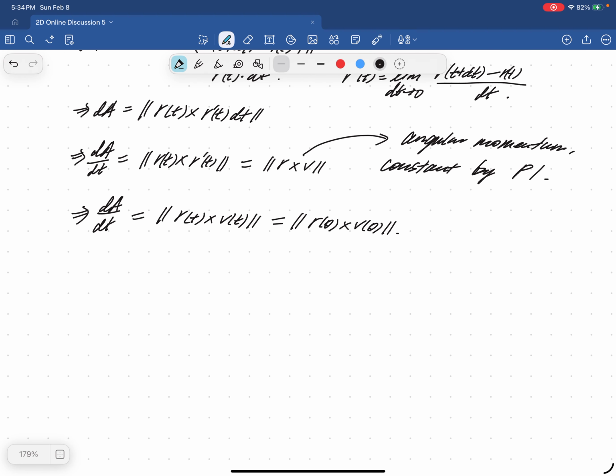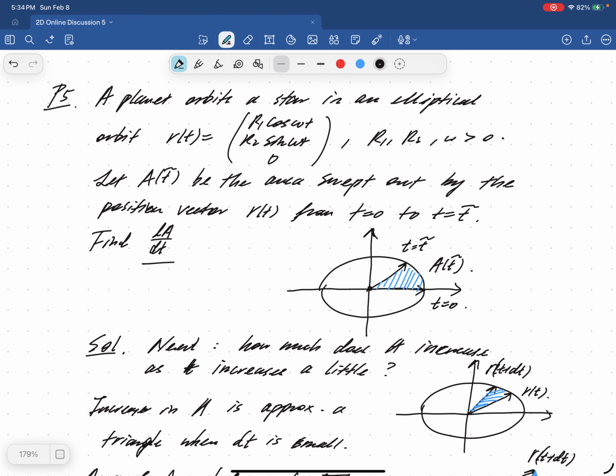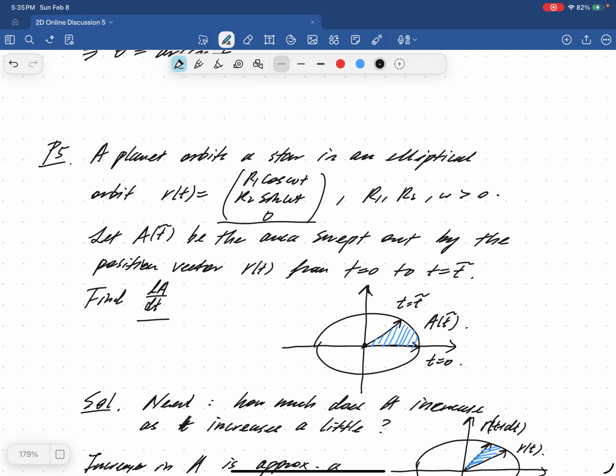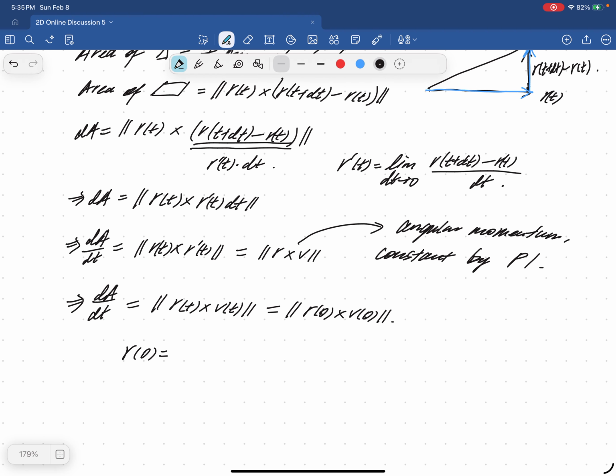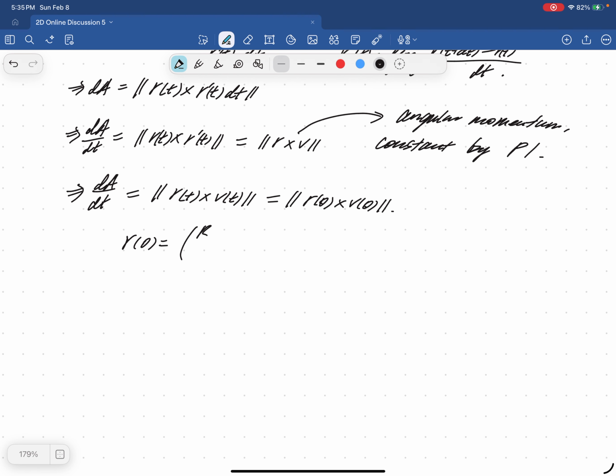And what is r(0)? If we plug in 0 to our equation here, it's going to be (R1, 0, 0). And my v(0) is r'(0).